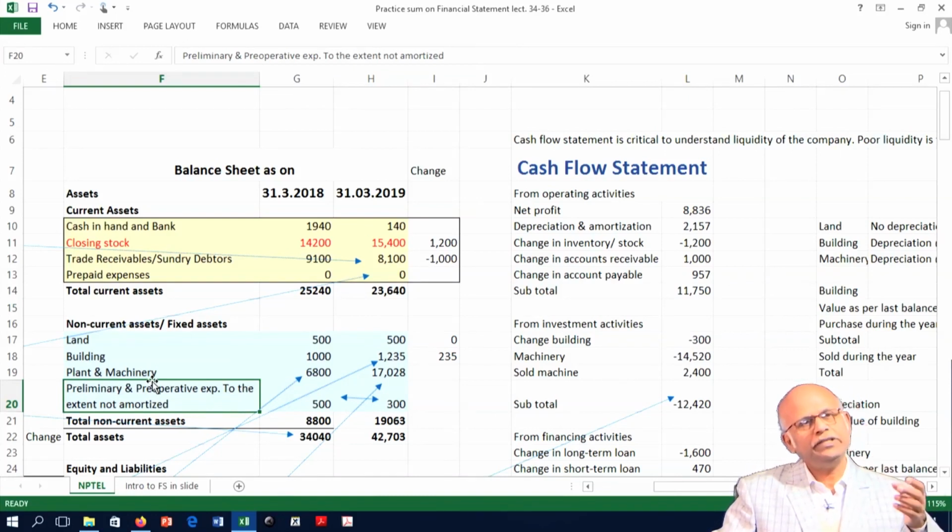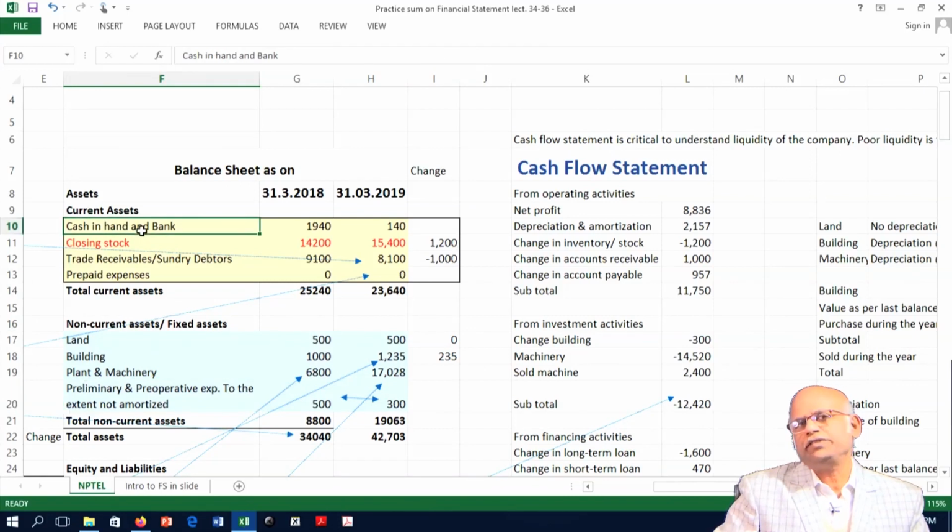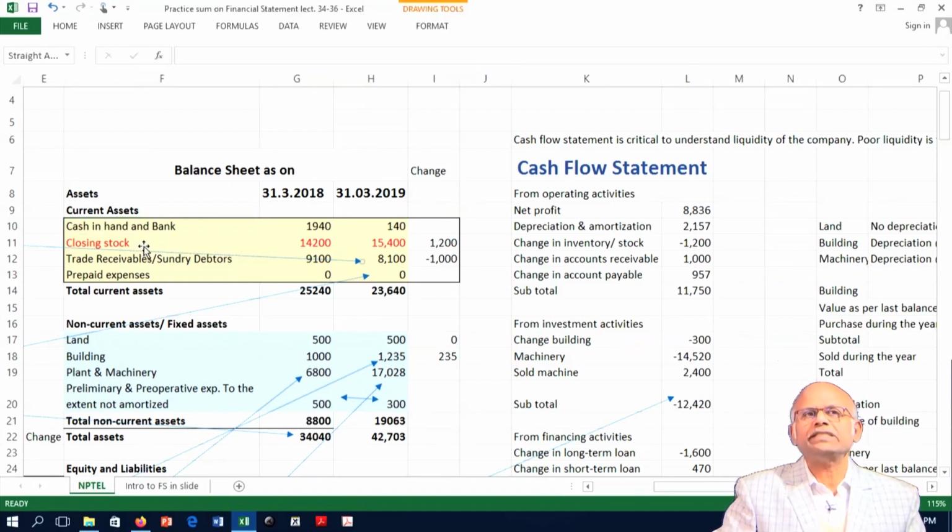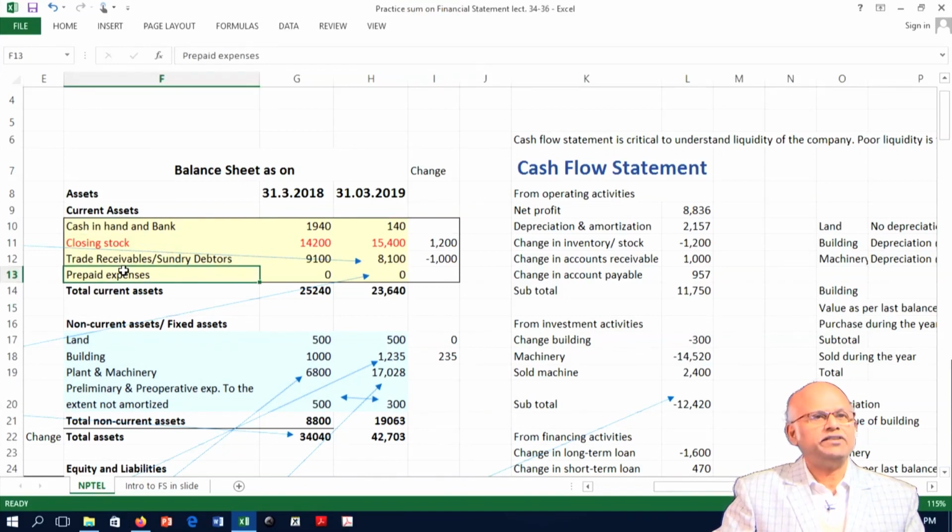In case of assets, we start with the most liquid asset, and there cannot be any other asset which is more liquid than cash. Cash is the most liquid. So cash in hand and bank is the first item in the balance sheet, then inventory is the second item, then trade receivables, there may be provisions and other current assets. There may be items that are specific to, okay, we will talk about that later.